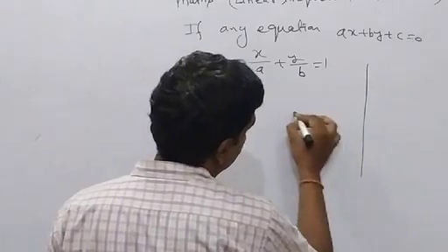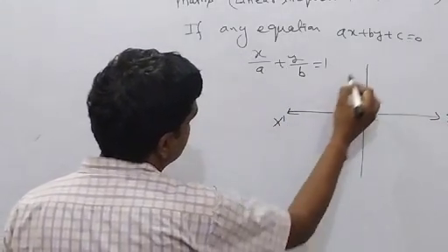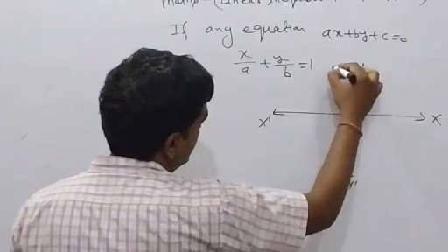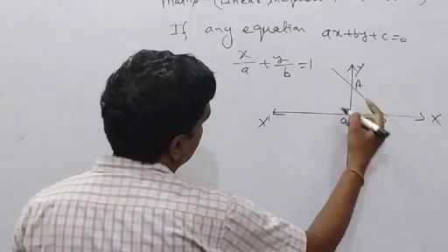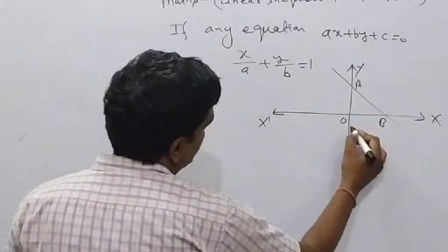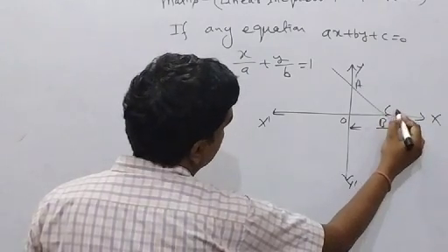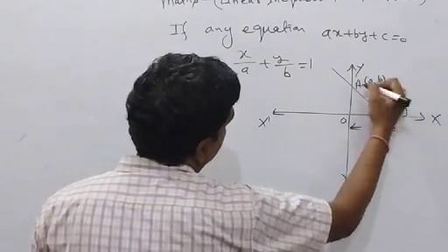Example: suppose here x axis, x dash, y axis, y dash, origin, and here a and b. The point on the x axis is a comma 0, and on the y axis is 0 comma b.